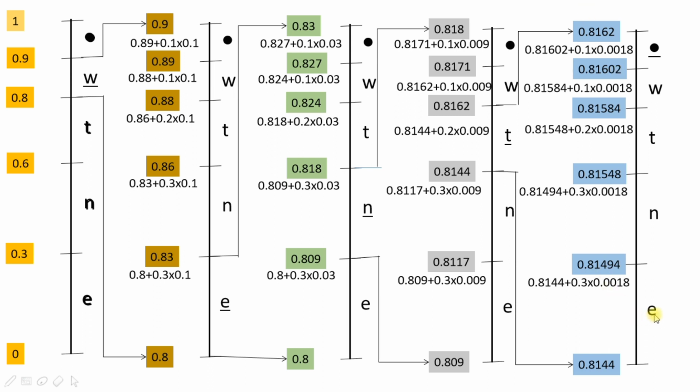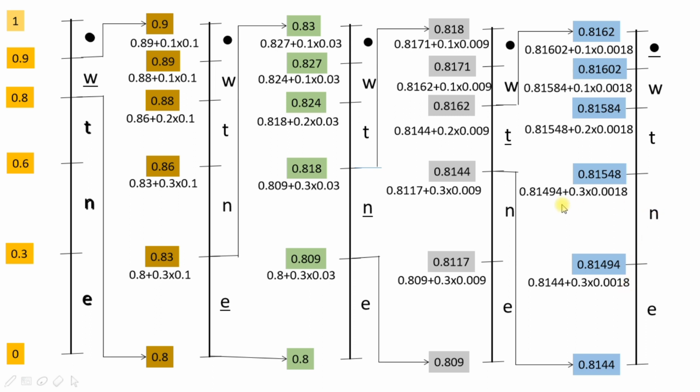Then the upper bound for E will be 0.8144, which is this value, plus 0.3 is the probability of E, and 0.0018 is the interval which we are dividing. So this 0.0018 will come from 0.8162 minus 0.8144, that will give you 0.0018.